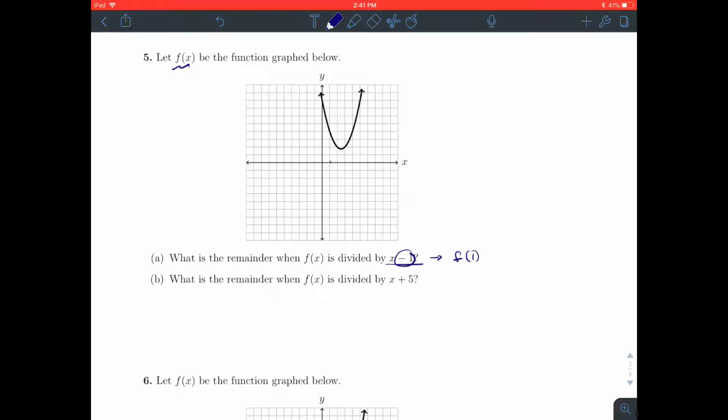To find f of 1, we go to 1 on the x-axis, and we go up to the point here, and the point is (1, 4), and that means that f of 1 is 4, so the remainder is 4 as well.